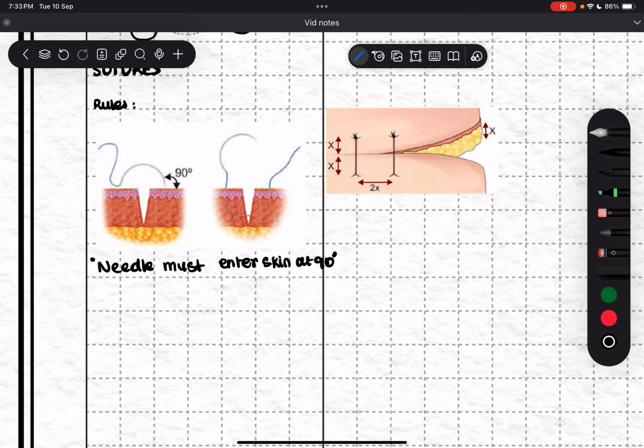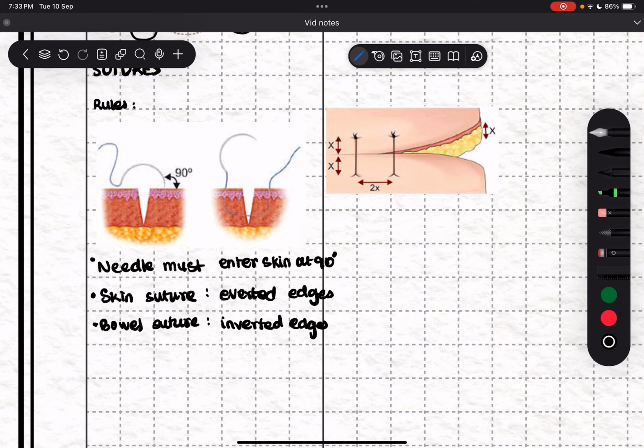The needle must enter the skin at 90 degrees, and skin suturing, bowel suturing. In skin suturing, we are supposed to get everted edges, whereas in bowel suturing, you need to get inverted edges.